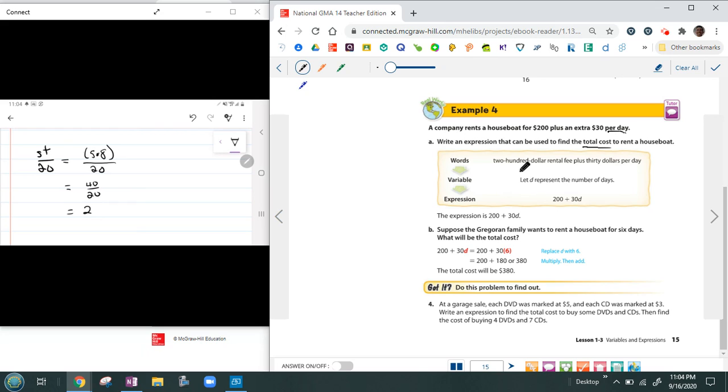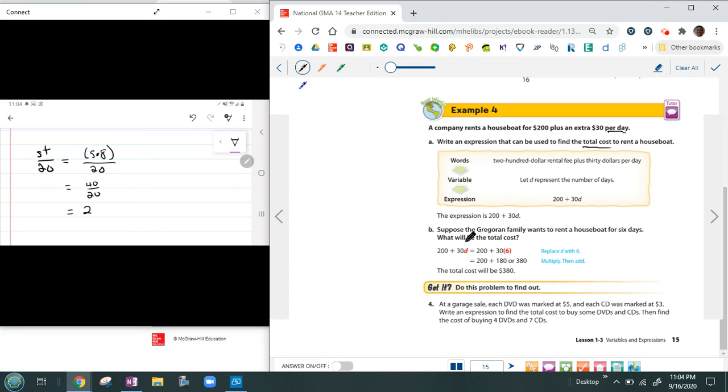The unknown is going to be how many days. So here's a little summary of the word problem. Then down here, we know that how many days is our unknown, so D is going to be days. And then it looks like we're going to do 200 plus 30 times the number of days to write down an expression to represent that total.